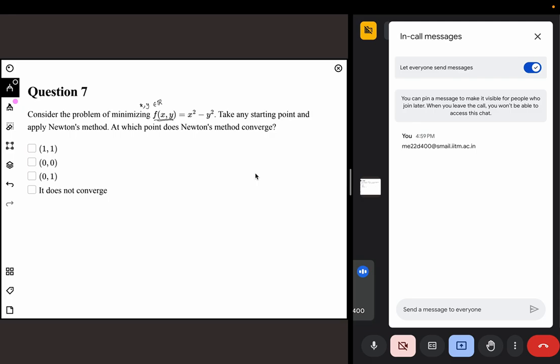But let's say you apply Newton method for this, how do I start? So first I calculate my grad f. Grad f is 2x, 2y, and if I calculate my Hessian, that will be [2 0; 0 2]. So my direction p will be minus Hessian inverse times grad f. If I take the inverse, this will be 1 by 4 times [2 0; 0 2] times [2x; 2y].